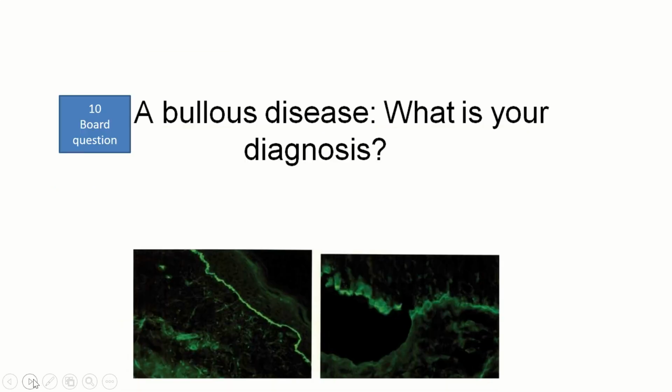Here is also another case, a bullous disease. What you see here is a subepidermal bullous disorder with the predominance of the roof of the bulla that is compatible with the diagnosis of bullous pemphigoid.